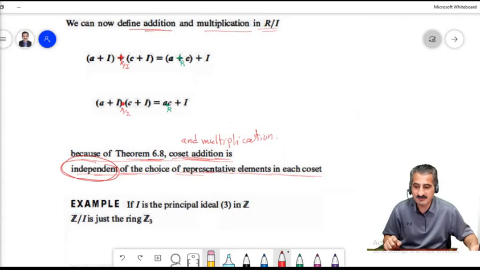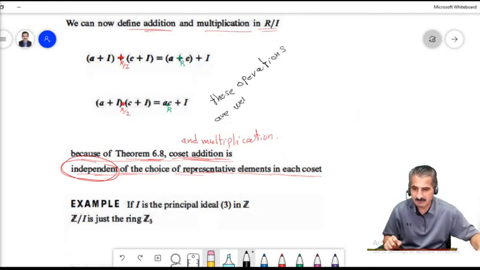That means these operations will be well defined. That's what we mean by well defined.